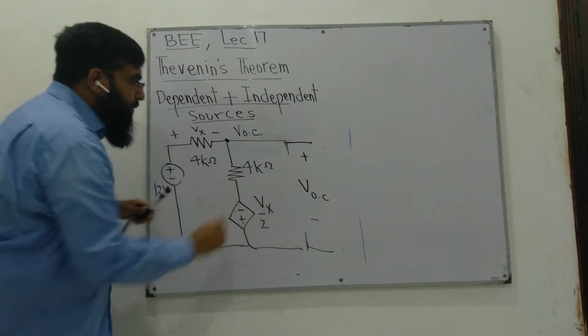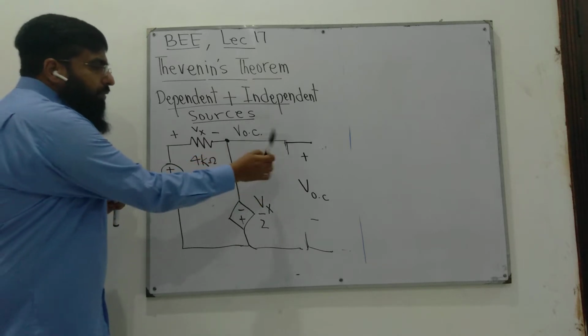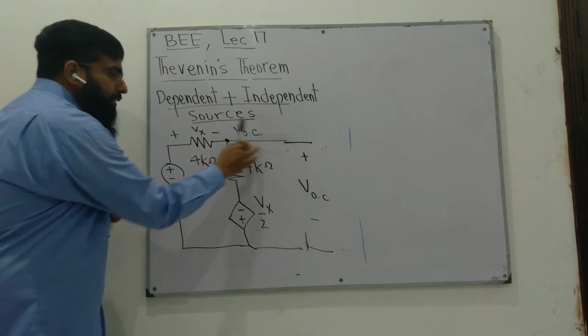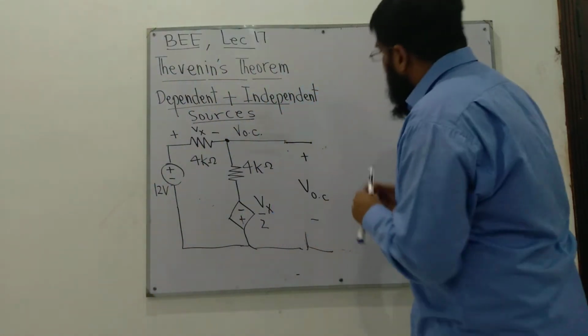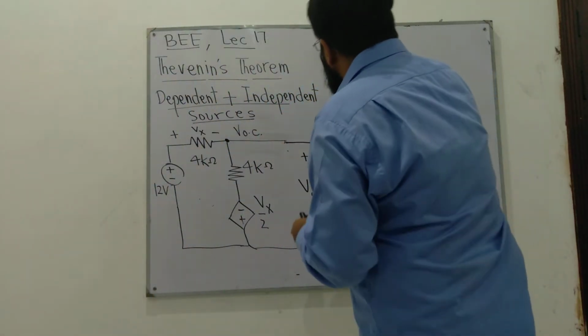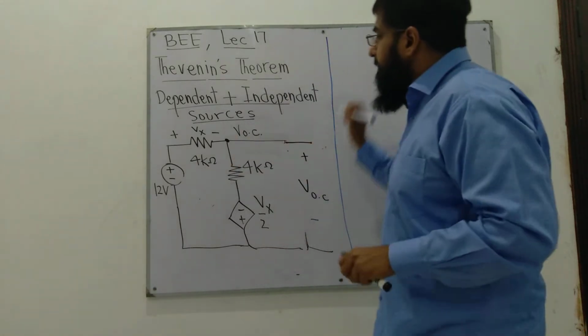If we use nodal analysis, we'll assume a voltage at this node which is equal to VOC because it is the same node. So let's apply nodal analysis and write the KVL equation for this node.